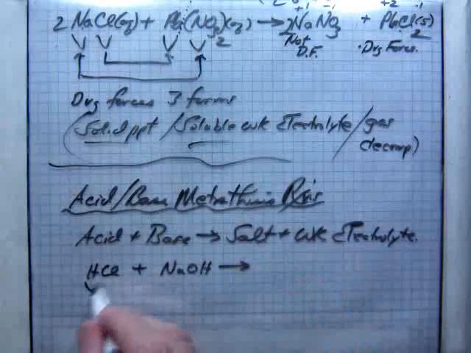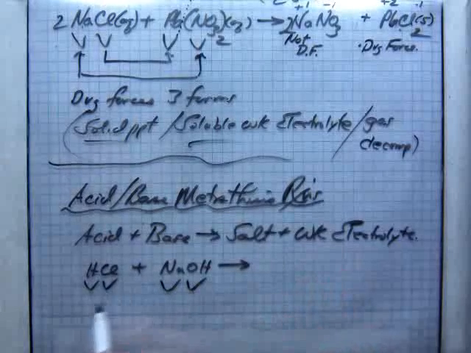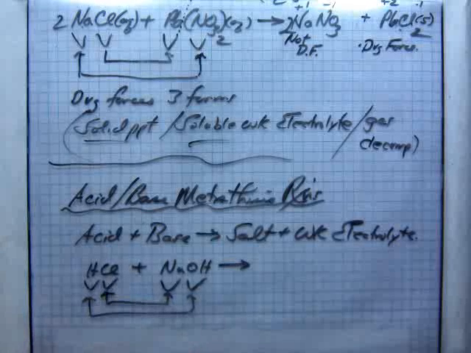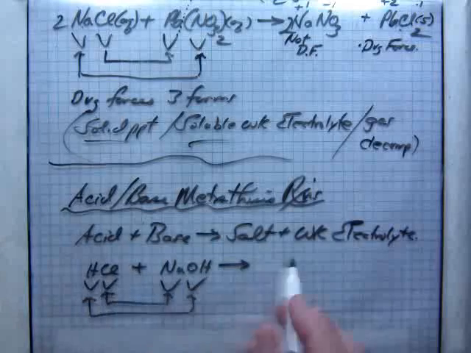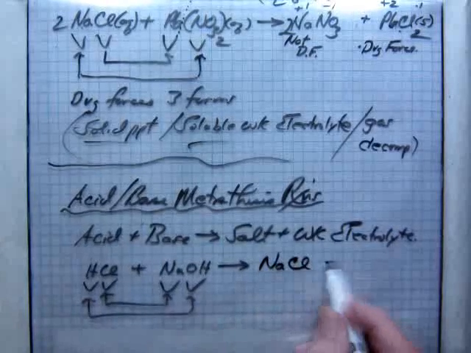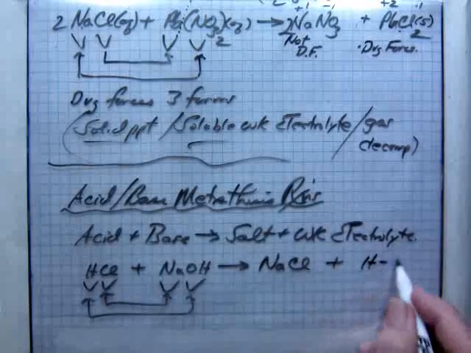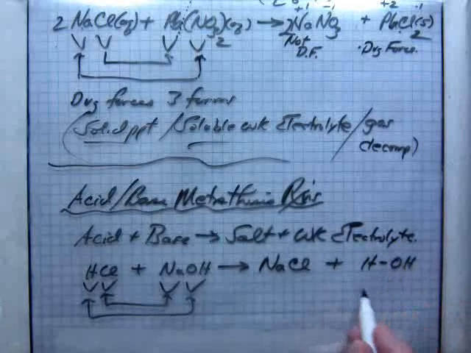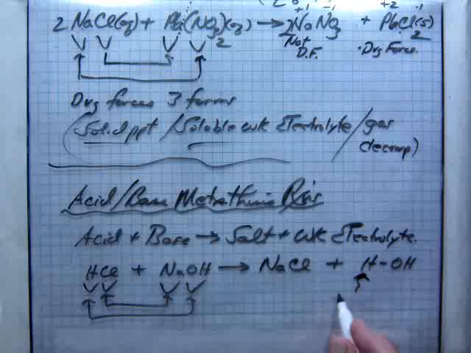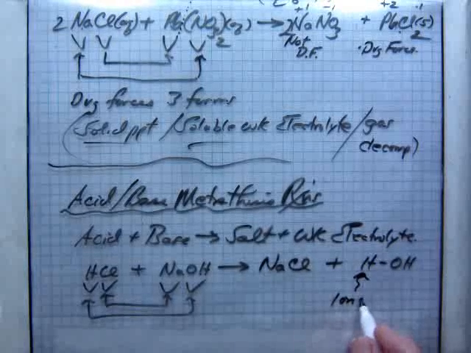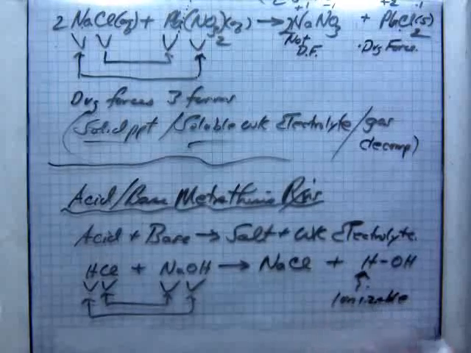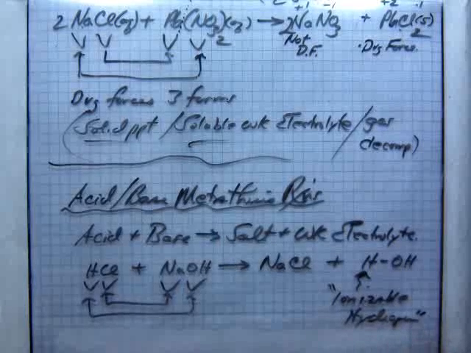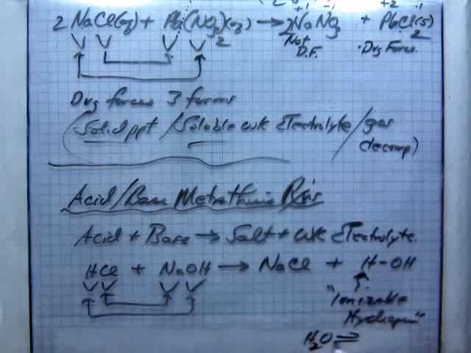It's a double replacement, AX and BY again. So we connect the outside elements or polyions, as the case may be, and write those down. So here's a sodium chloride, and I'm going to put it as an HOH. Now the way I've written this shows hydrogen attached to the OH group, and this is what we refer to as an ionizable hydrogen. That means it has the potential of coming off, and you'll see this many times.